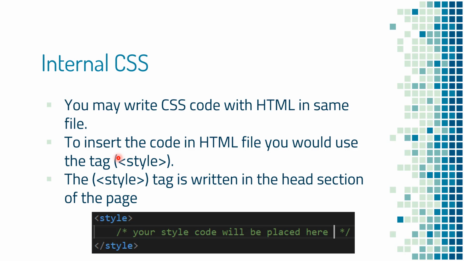Please note that it's a tag, not an attribute, because most students get confused because of the name of the tag. Usually you create a style tag within the head section of the web page, and within this area you write your style.